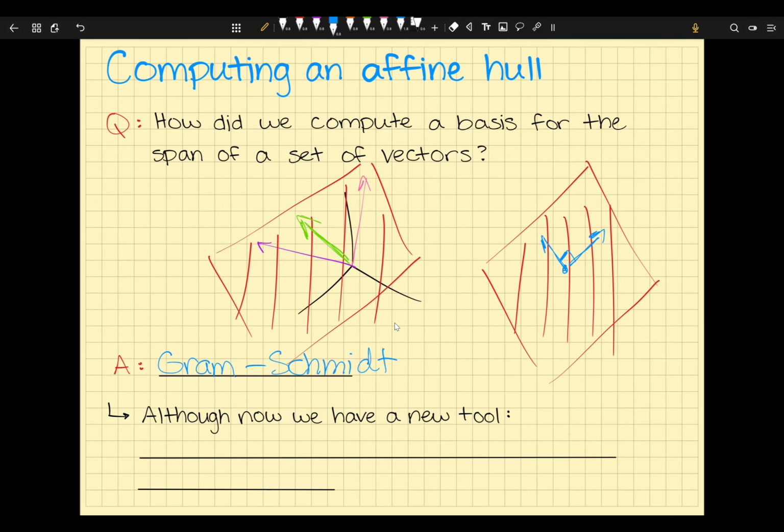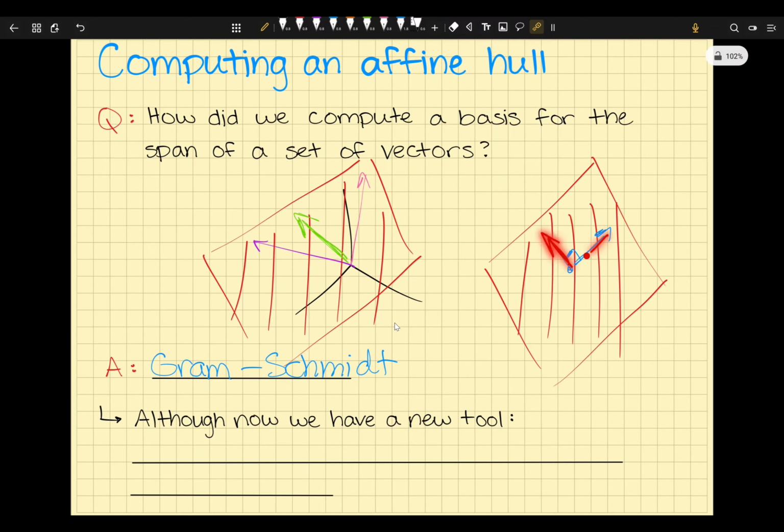If we have a set of vectors, like these three here, we want to compute some minimal spanning set of vectors, we can use Gram-Schmidt. And what we liked about Gram-Schmidt is that the vectors it gave are orthonormal, so they're unit length and perpendicular. So this is one way that we can compute a basis for the span of a set of vectors.